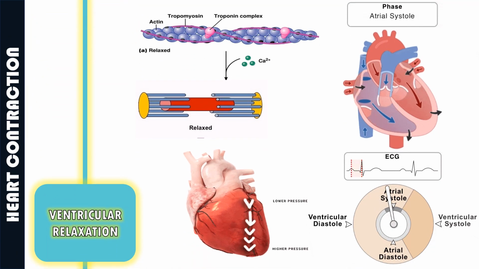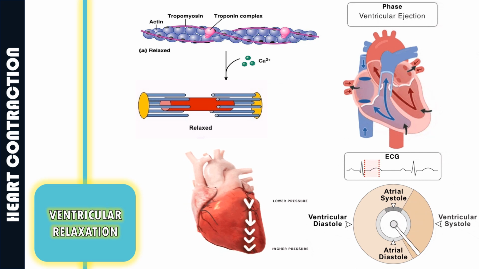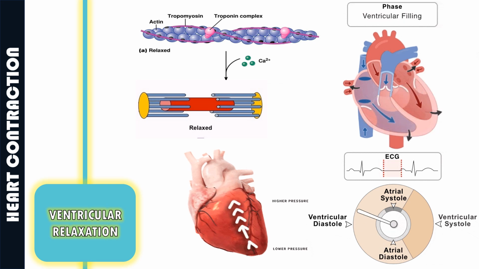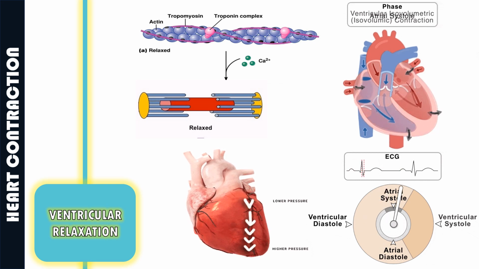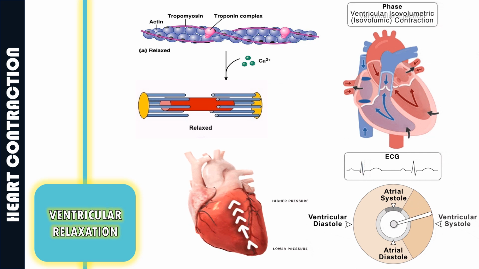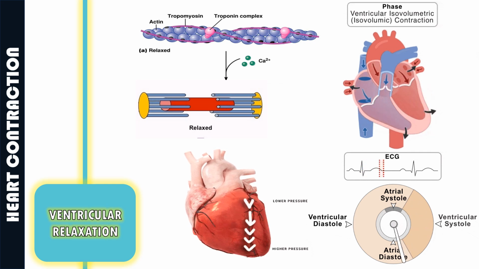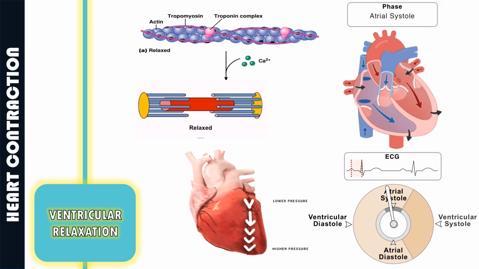After contraction, the heart muscle relaxes as calcium is rapidly sequestered away from the contractile apparatus. The sarcoplasmic reticulum and sarcolemmal calcium pumps remove calcium from the cytosol, reducing the intracellular calcium concentration. This decrease in calcium allows troponin and tropomyosin to return to their resting positions, inhibiting actin-myosin interaction and terminating contraction.